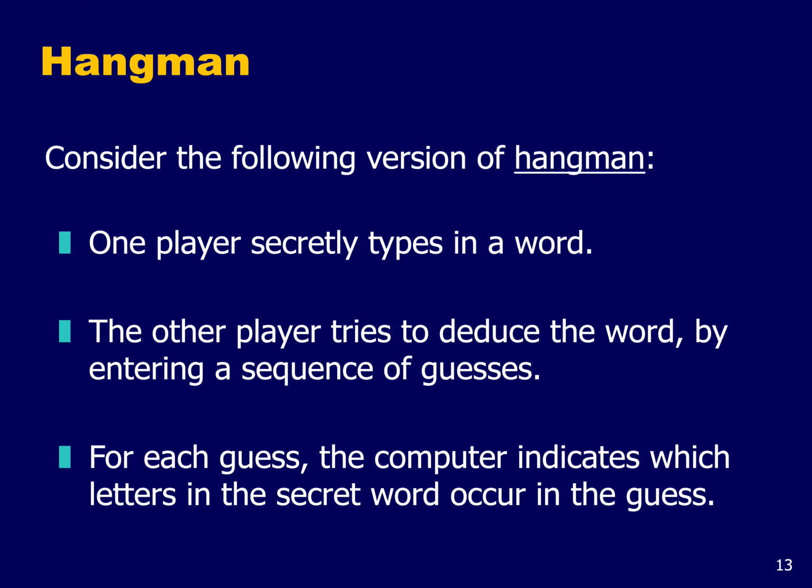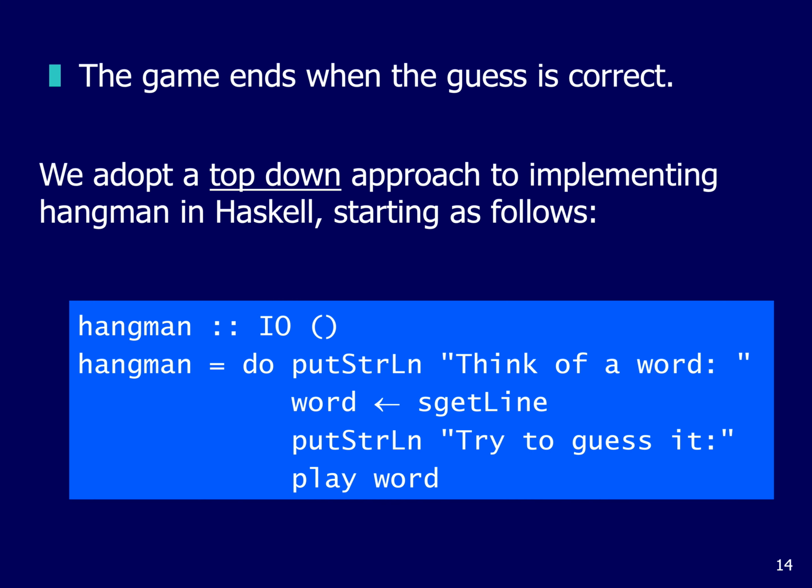Then the other player is going to try and deduce the word by entering a sequence of guesses. And then for each guess, the computer is going to indicate which letters in the secret word appear in the guess. And then, of course, the game is going to be finished when the second player actually guesses the secret word.